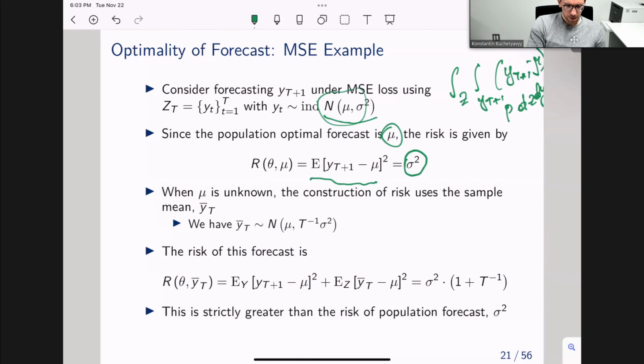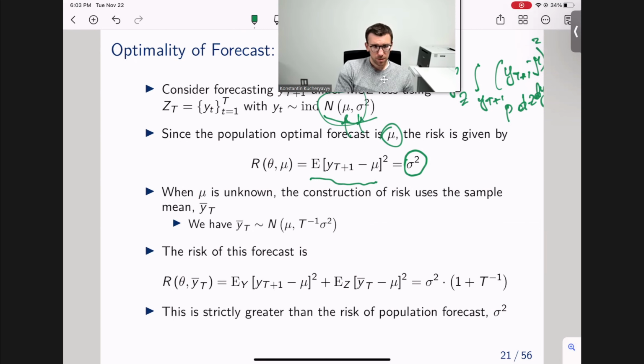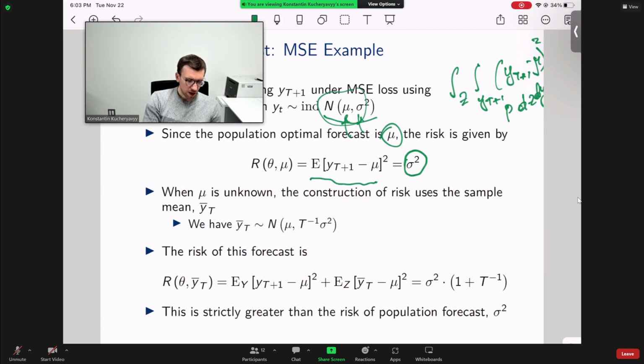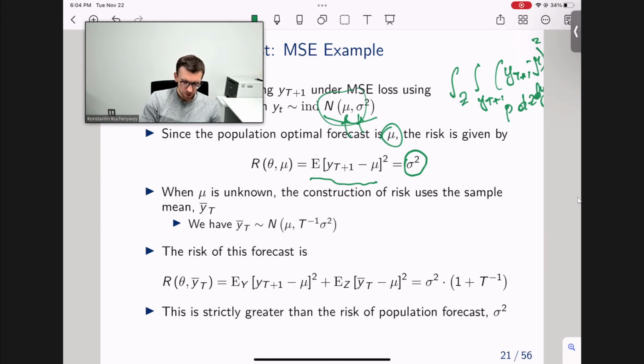Then in practice, we don't know mu or sigma squared. We need to estimate them. Suppose that we use the average value to estimate mu.